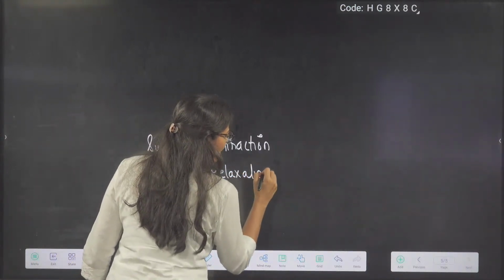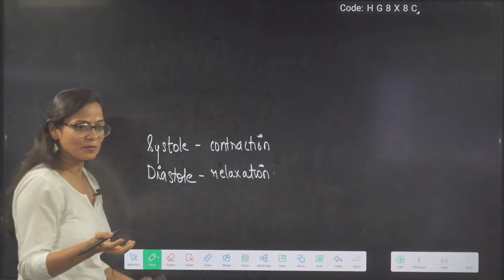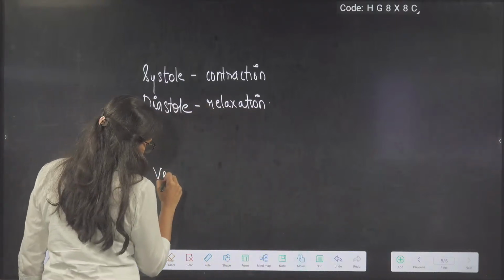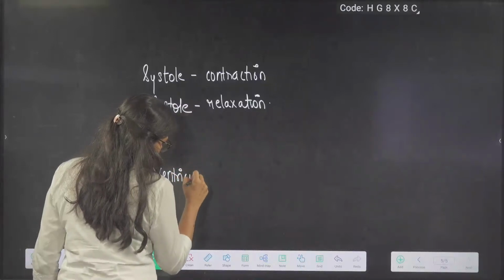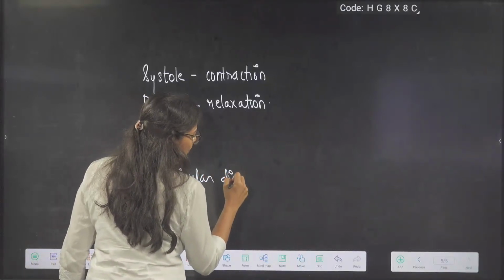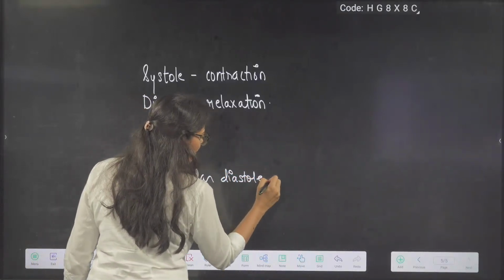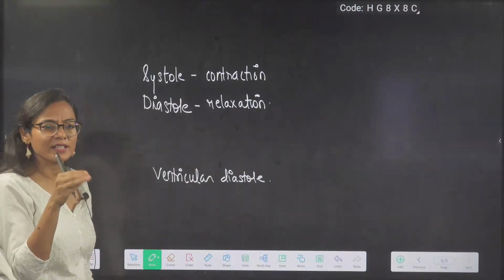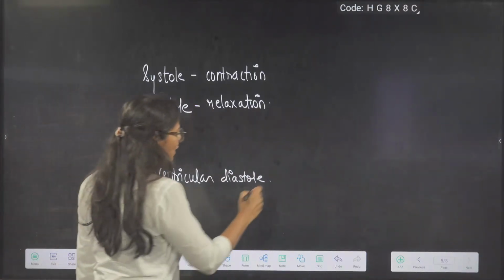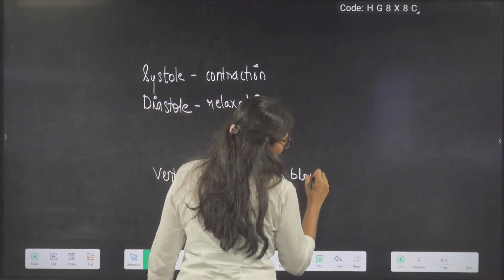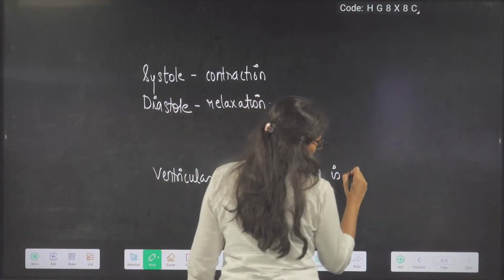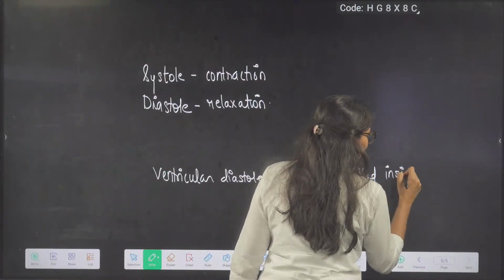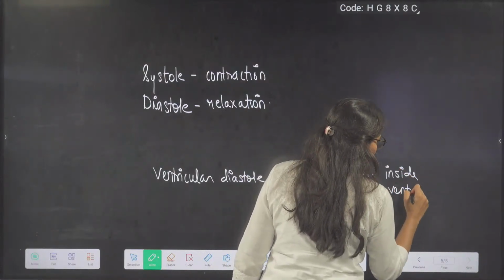Relaxation. So if I use the term ventricular diastole, that means what is happening? The ventricles are relaxing. And when the ventricles are relaxing, that means blood is getting filled inside the ventricle. So that is called relaxation inside the ventricle.